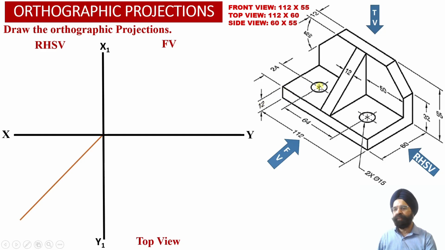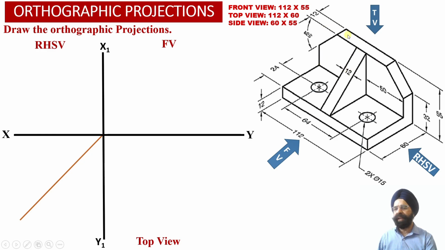This horizontal web carries two symmetrical holes, each of diameter 15 millimeter, located symmetrically around the center line of the object.